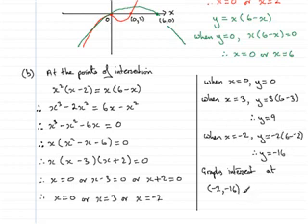Then the next point is the origin, 0, 0. And the last point is this point up here, and that point is at 3, 9. Okay, 3, 9.